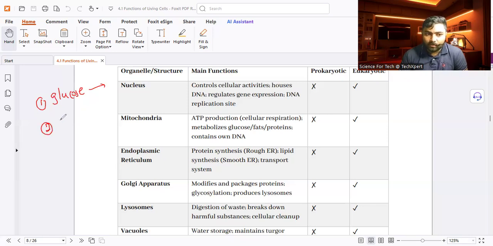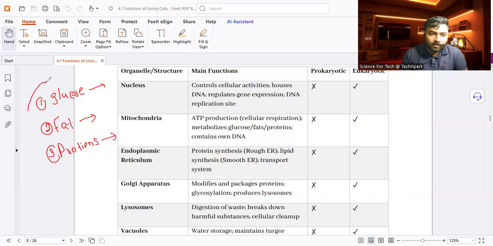When glucose is over in the body, then as the second molecule, fat is used for energy production. The third molecule: when all the fat is vanished and there is no more fat, as the final molecule the body uses proteins.